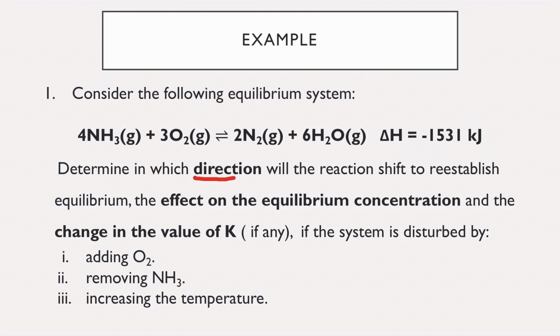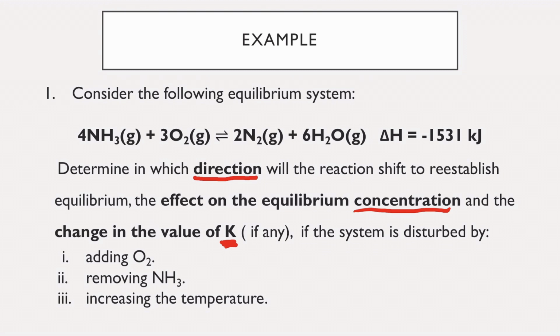So, they want to know the direction: shift right, shift left? Then the effect on the equilibrium concentration, meaning the concentration of your product and reactant, and the change in value of K. So, is K affected or not?